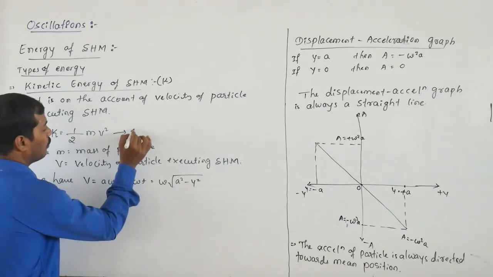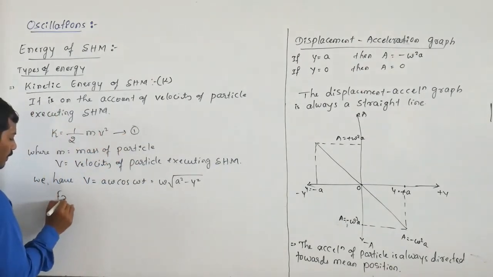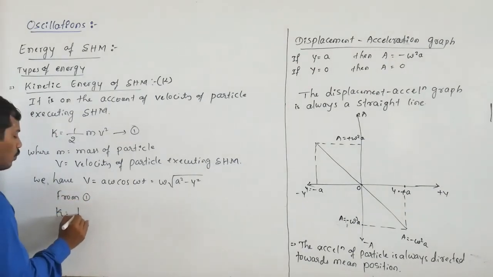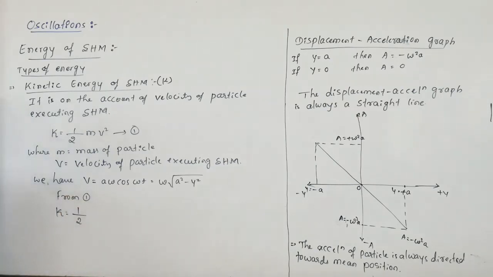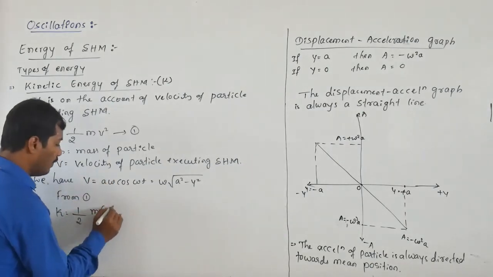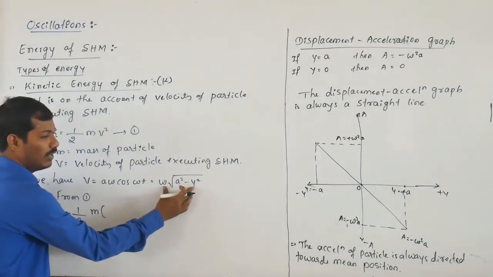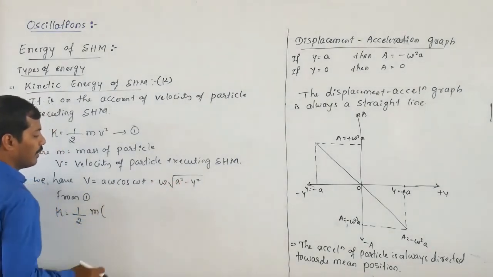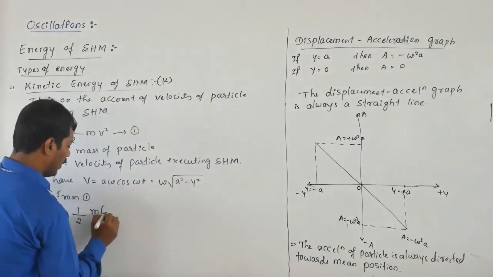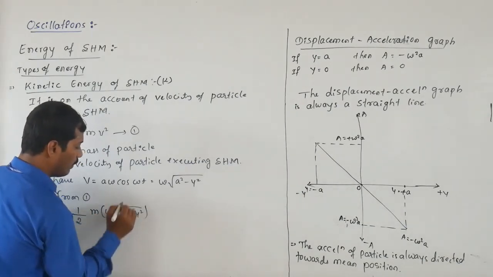We have to substitute this value of v in this equation. From equation number 1, the kinetic energy is equal to 1 divided by 2 m, where m is the mass of the particle, and v square is there. I will substitute this one: omega under root a square minus y square, and its square is there.